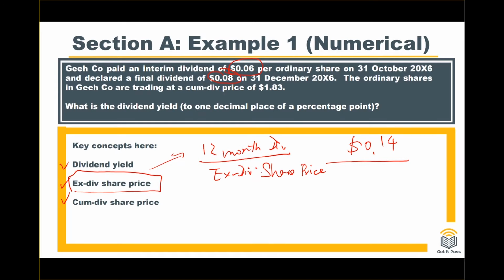How do we get the ex-dividend share price? It is the cum dividend share price minus the dividend to pay.